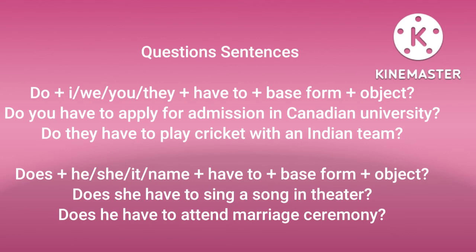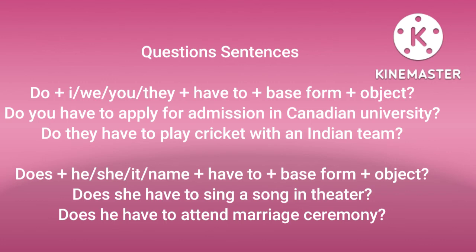As an example, I can repeat some sentences. Do you have to apply for admission in a Canadian university? A question mark should be there at the end. Do they have to play cricket with an Indian team? So with he, she, and it, what should be the structure?